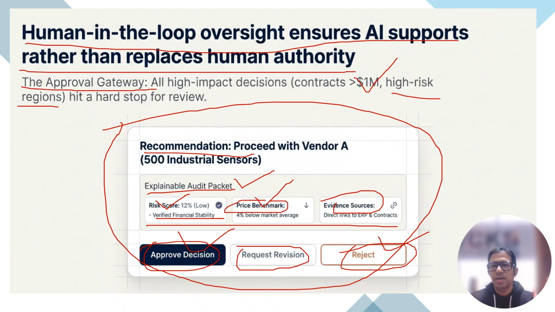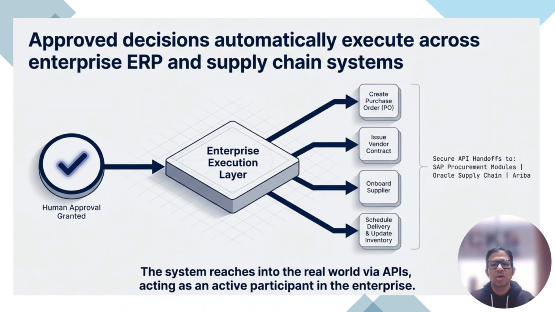Now in the next slide, we will see what happens after approval, how the system moves into enterprise execution, creates PR, PO, triggers onboarding, sends RFQs, and updates ERP with audit logs. Now we are crossing the line from intelligence to execution.